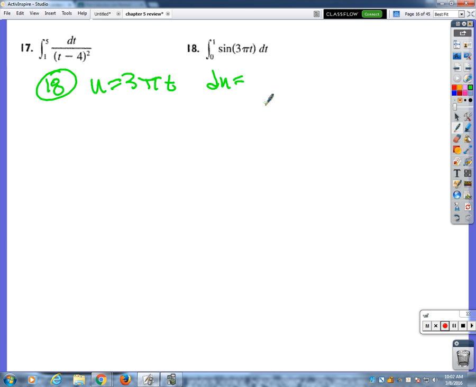T squared divided by 2. Oh, no, we're taking the derivative. So 3 pi dt. So then if I just want the dt there, I go 1 over 3 pi du equals dt.